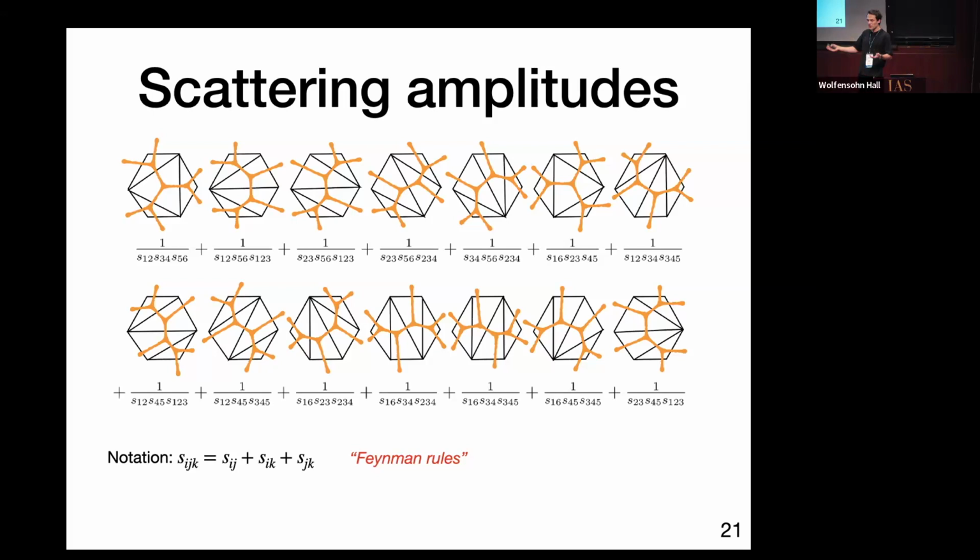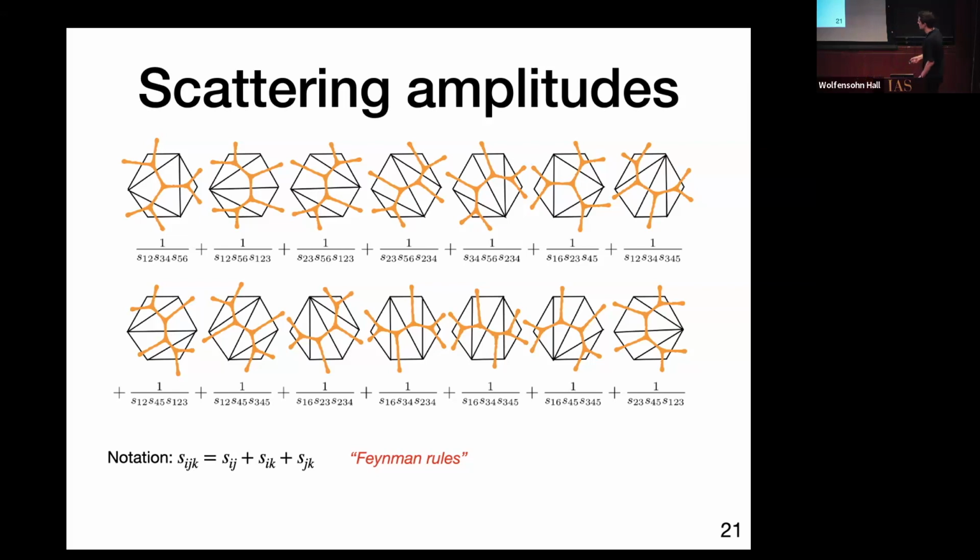So this is summing over graphs, and in the physics language, this is summing over Feynman diagrams. This is maybe something you've heard as a slogan, that the amplitude is obtained as a sum over Feynman diagrams. The way you associate a contribution to each of these Feynman diagrams is dictated by something called Feynman rules.